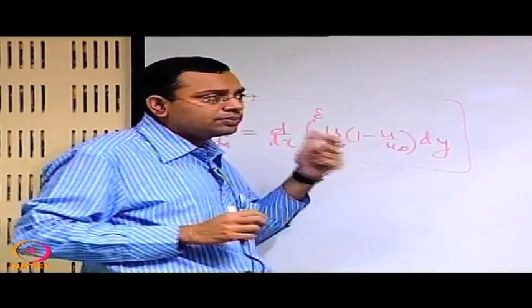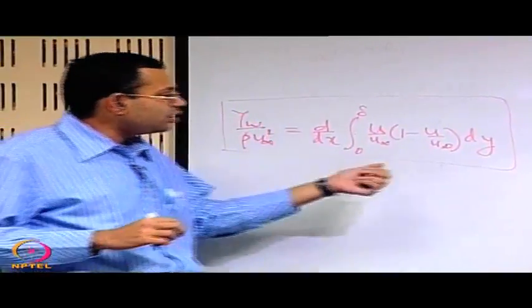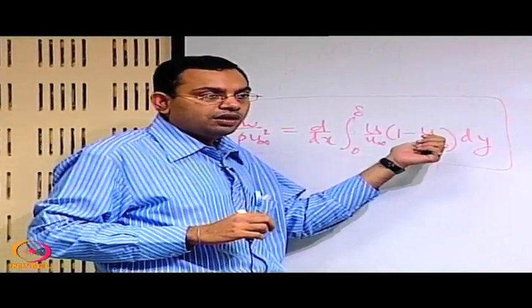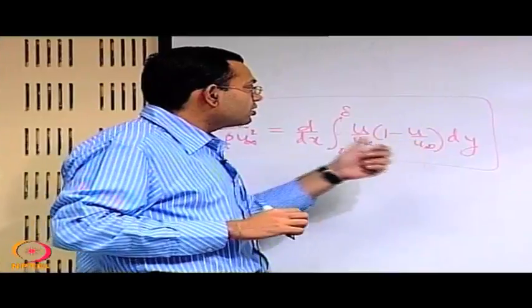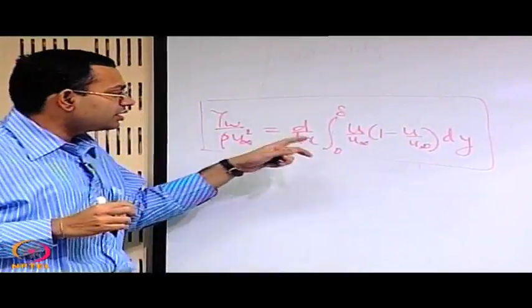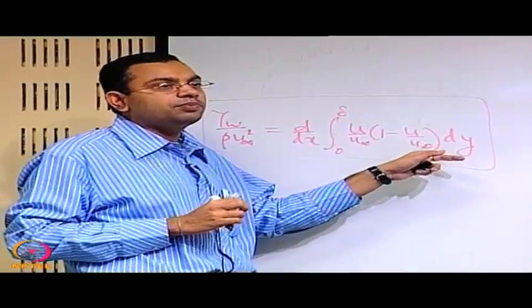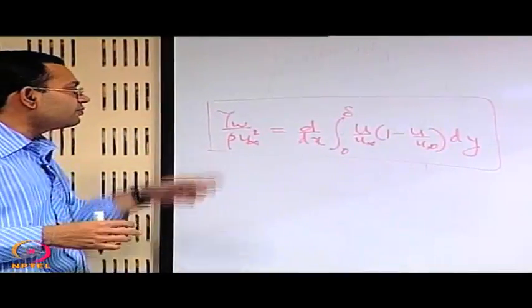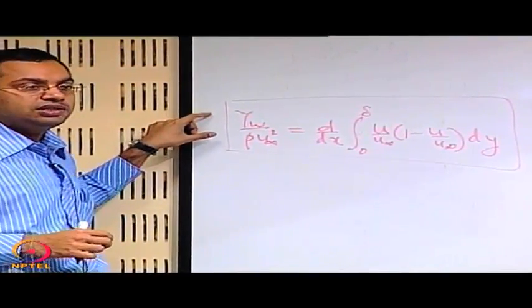When it satisfies your boundary conditions and is substituted here, our expectation is that the velocity profile may be inaccurate, but in a somewhat integral form it should give not a bad estimate of the wall shear stress.